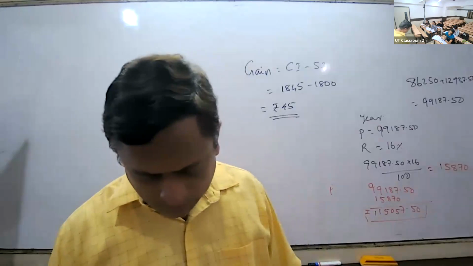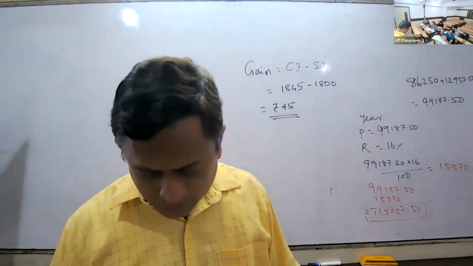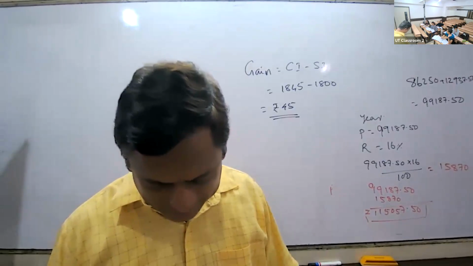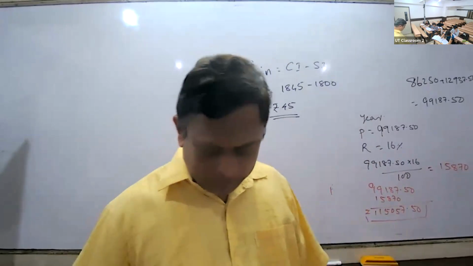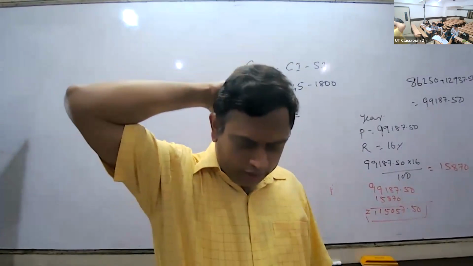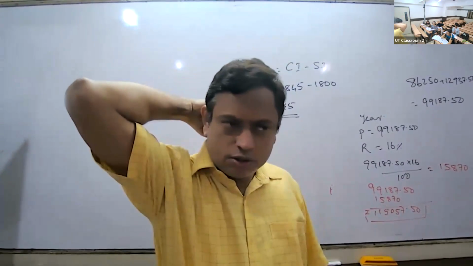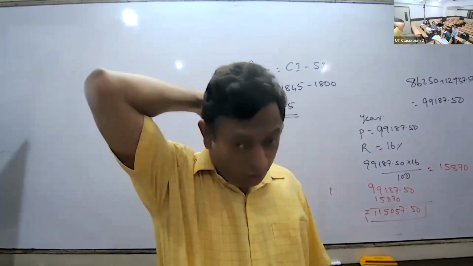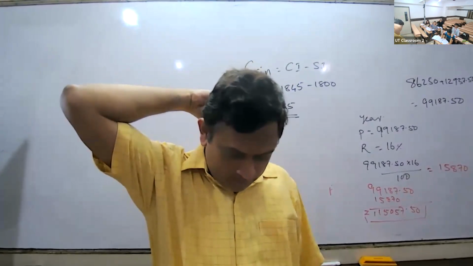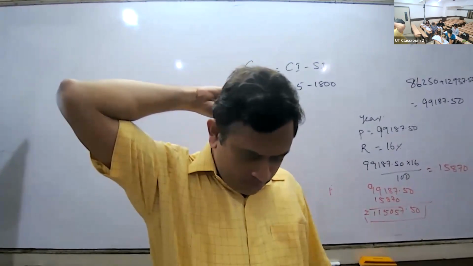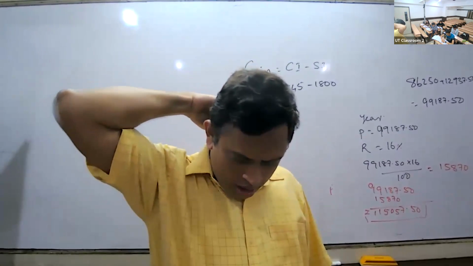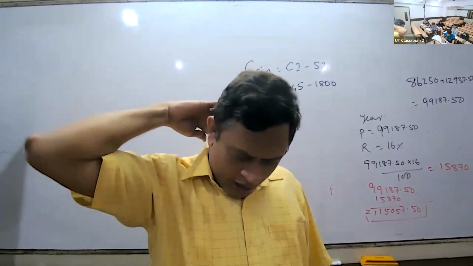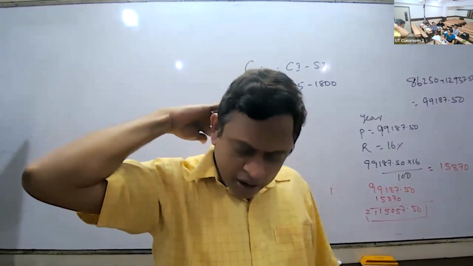Any problem? Question number 9. Read it. Find the compound interest on rupees 4,000 in 3 years, when the rate of interest is 8% for the first year and 10% per year for the second and third years.